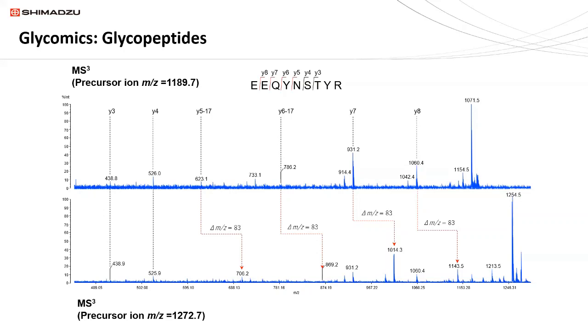And so what we can learn from that is that this glycan is N-linked, and then we can see that it relates to the other amino acids that come from the Y5, Y6, Y7, and Y8. And so that's a quick and fast way of identifying the binding site of the glycan to the glycopeptide.